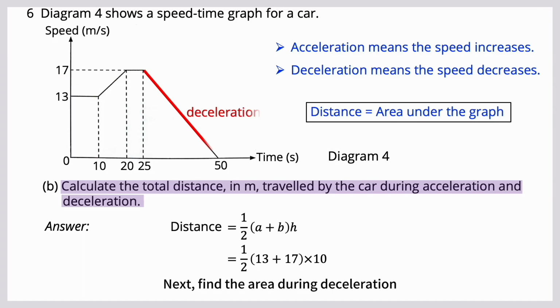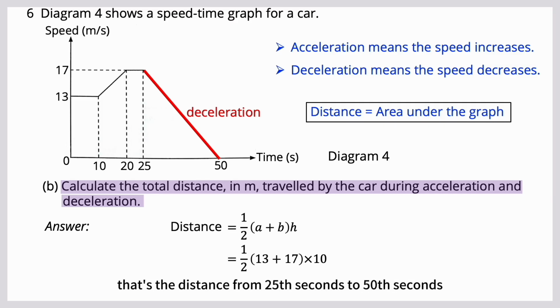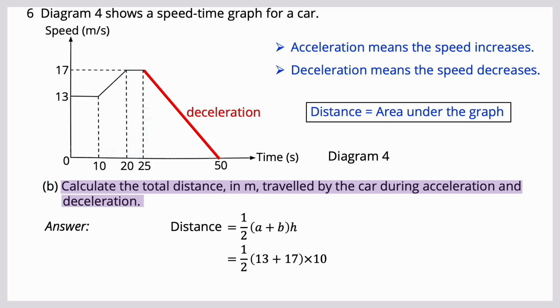Next, find the area during deceleration. That's the distance from 25 seconds to 50 seconds. The graph forms the shape of a triangle with the height of 17 and base of 25.